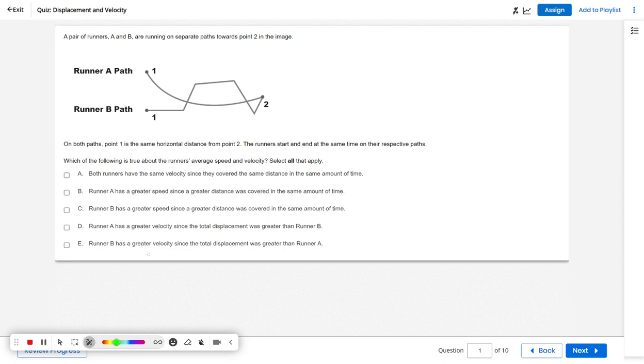And with that smoother run, you have a higher velocity because the rate of speed is not changing.